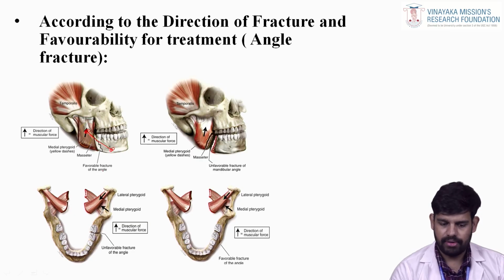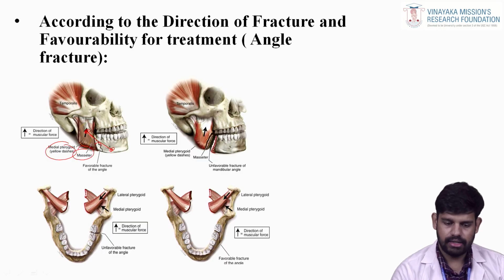This is favorable, because this buccal segment, this outer surface, prevents the bone from being pulled by the muscles. Here the muscles acting are the medial pterygoid, masseter and temporalis in this upward direction, so that this anterior fragment of the fracture is hindered by the distal fragment of the fracture, that is the dentate fracture.